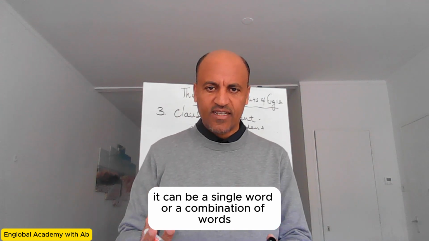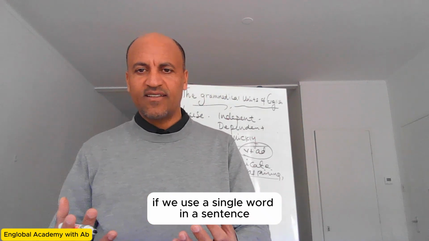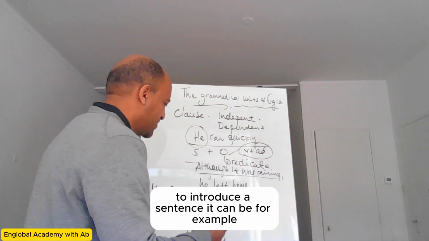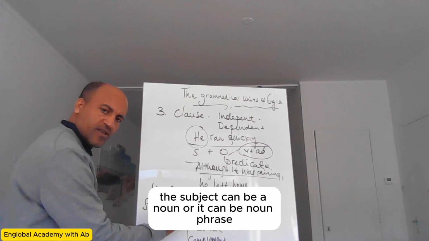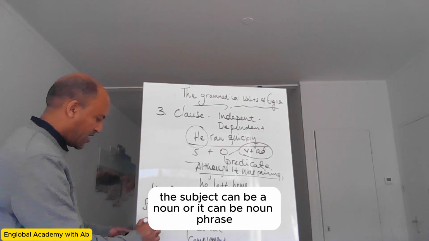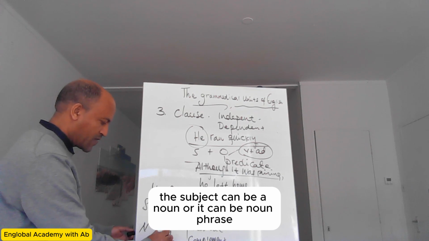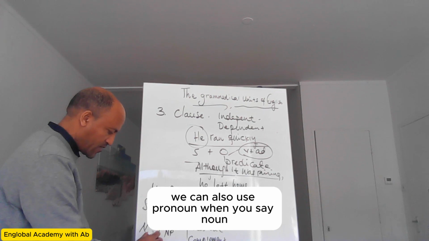The subject can be a single word or a combination of words. If we use a single word to introduce a sentence, the subject can be a noun, or it can be a noun phrase. We can also use a pronoun.